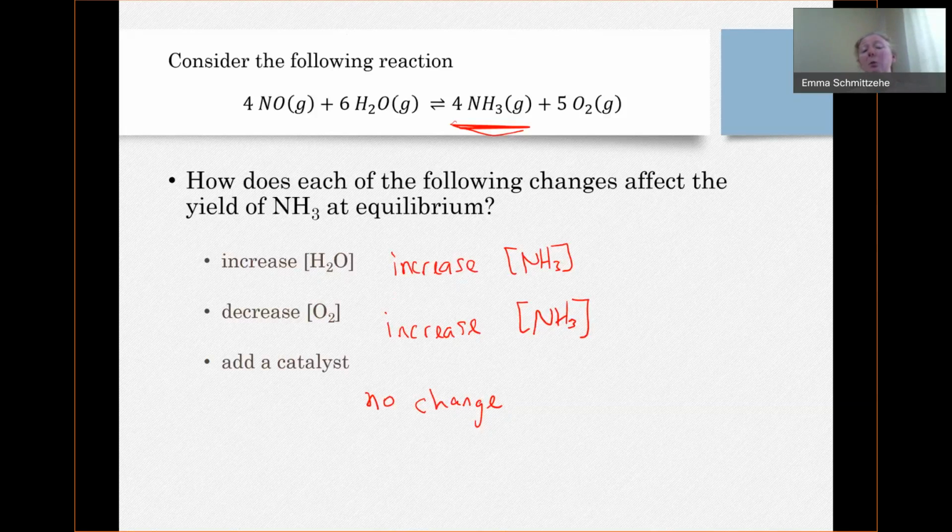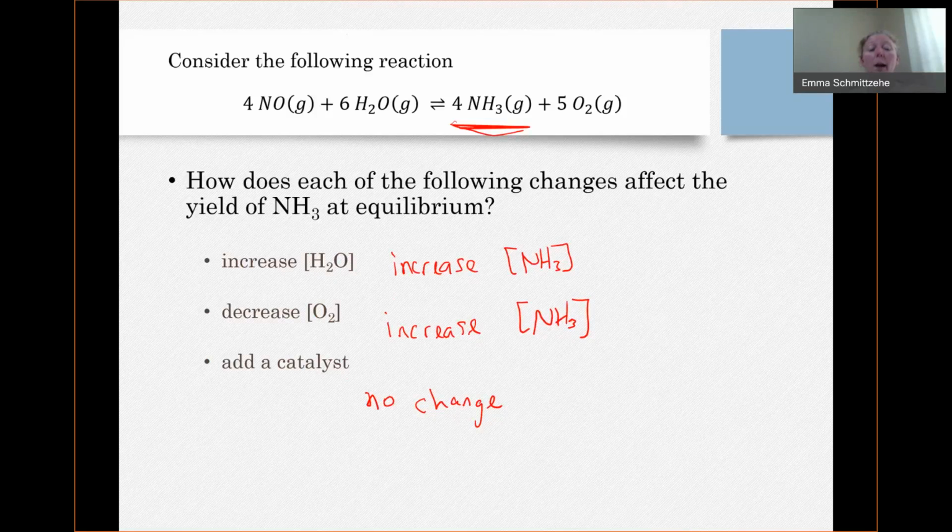That would mean that the reaction favors reactants. If that were the case here and we wanted NH3, that wouldn't be good because we're not getting much. And so if we were to add in more H2O, then that tricks the reaction into forming more NH3. So that's one way we could get more product.